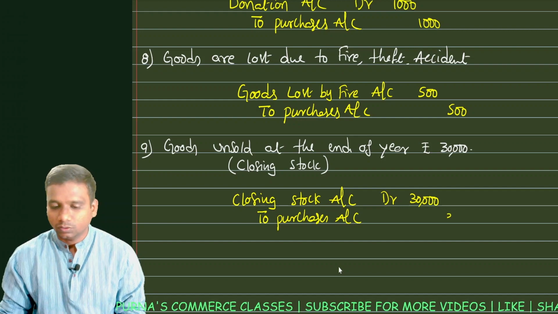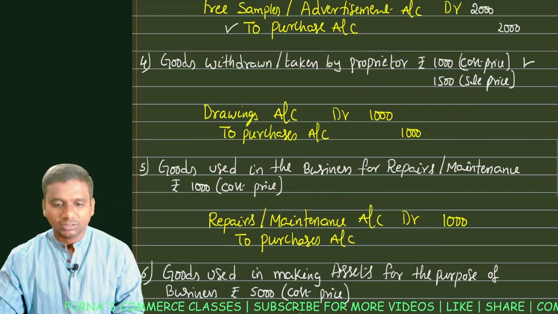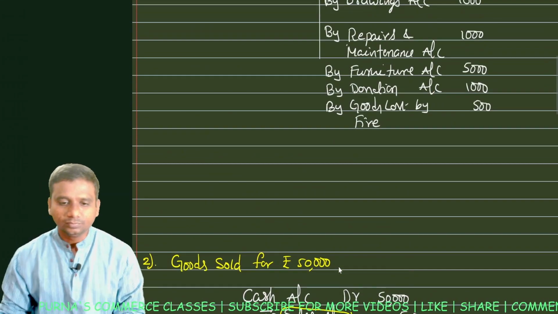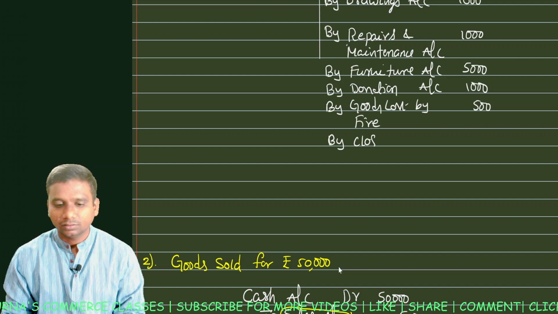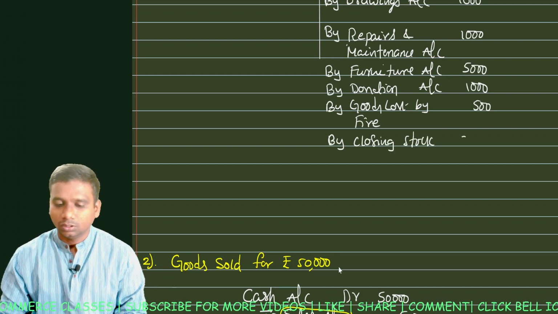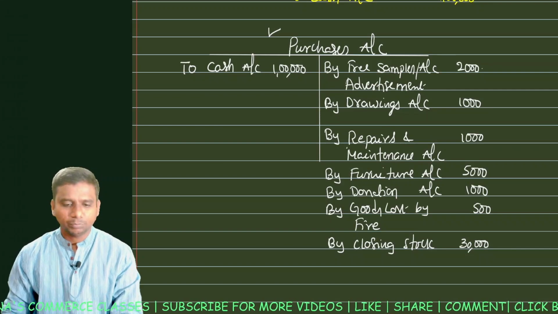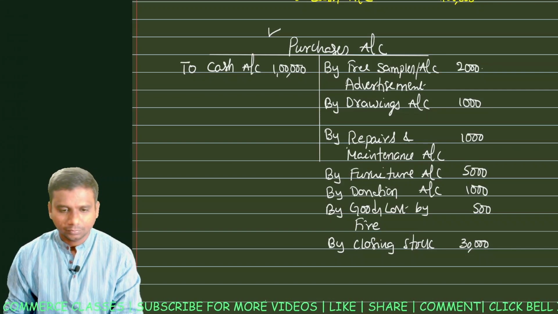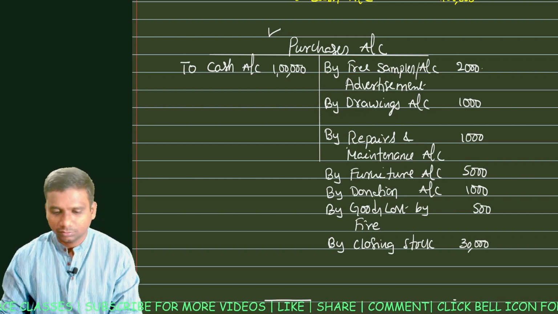Purchases account, how much? 30,000. So go to purchases account, write down on the credit side, by closing stock, how much? 30,000. So balance this purchase account.